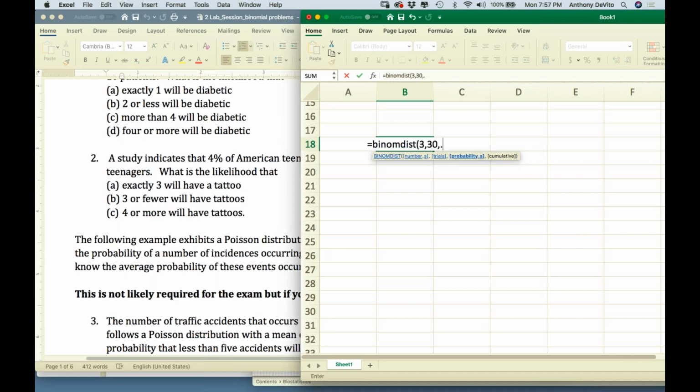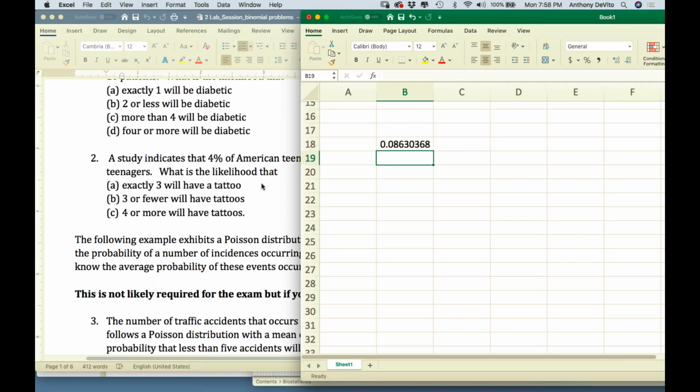The probability was 0.04, comma, and exactly 3. If I type in true here, that's going to give me the probability for 3, 2, or 1, or 0 out of the 30 having tattoos. I want false because I only want that exact outcome, not cumulative, just that one outcome. It's about a 9% chance that we would have exactly 3 teenagers that have tattoos.